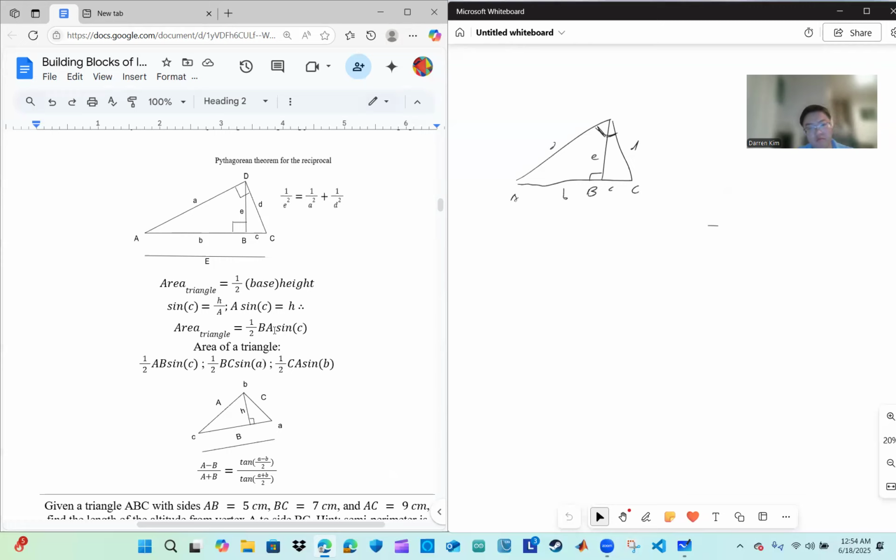Okay, so what am I trying to get here? If you get the sine of C over here, that equals h over a, which makes sense, right? h over a. Why? Height. How do you get height?